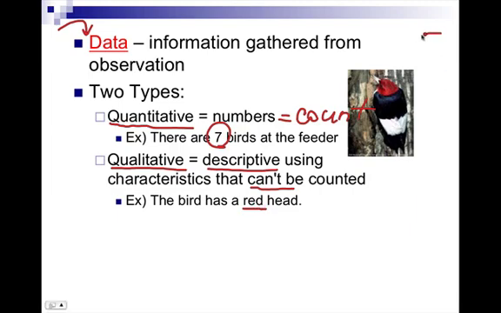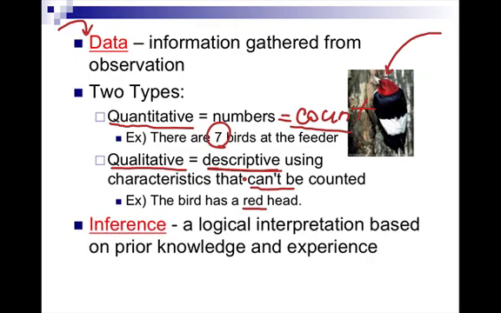So if we observe the bird up here, that would be the type of data that we can collect. The bird has a red head. So once again, the difference between quantitative data and qualitative data is that in quantitative, we're counting, and in qualitative, we're using a description.